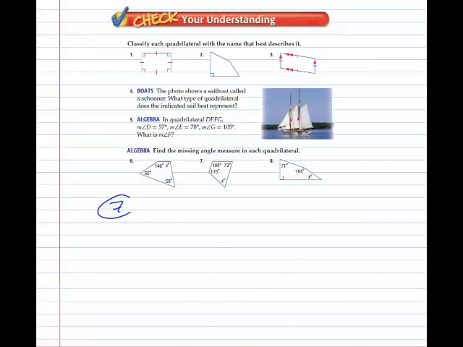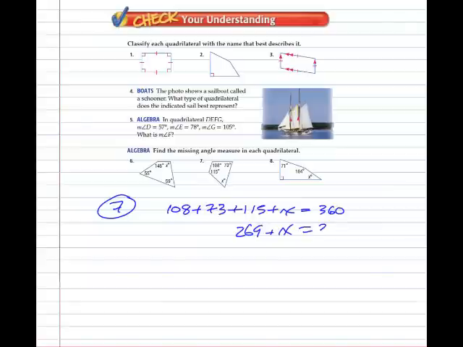Our last 2 examples, number 7, same process. 108 plus 73 plus 115 plus X equals 360. Combine those like terms, we get 269 plus X equals 360.